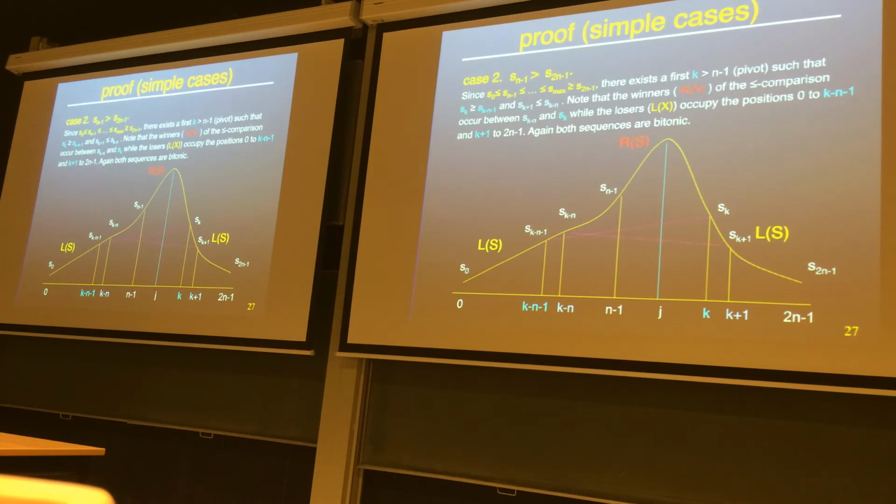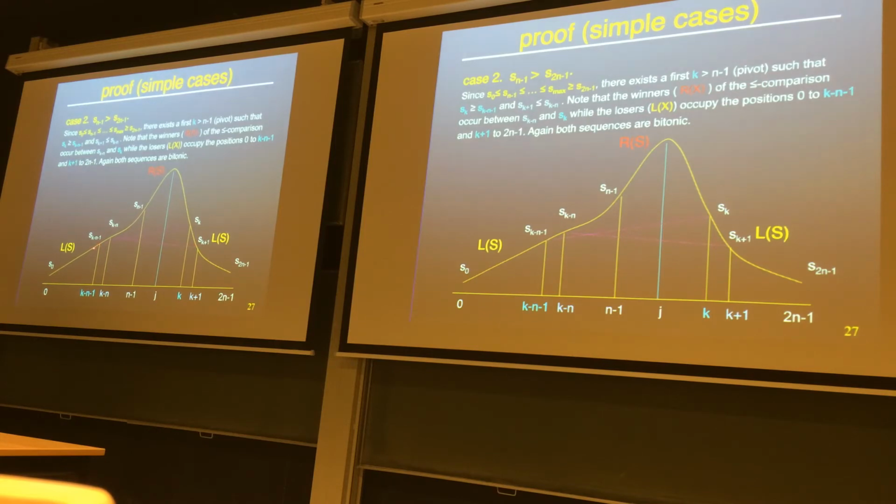And this crossing point is important because if we now make a comparison between Sk-n and Sk, so Sk-n and Sk, then the winners of this comparison will occur in Rs, and the losers will appear in this part and in that part.